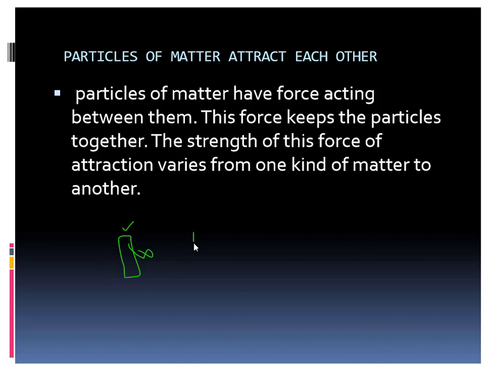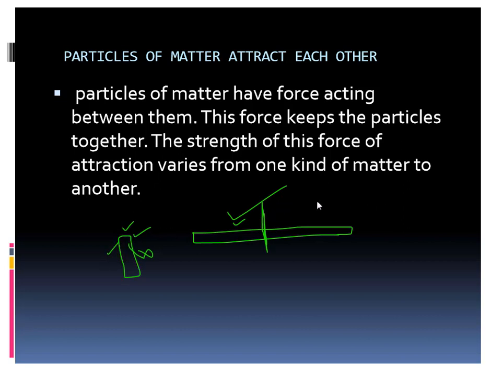Now again you take a piece of chalk. Chalk is used to write on the blackboard. Now you can easily break the chalk. This is also a matter. In this case you are able to easily break it, because the force of attraction among the particles is not strong enough compared to the piece of iron.